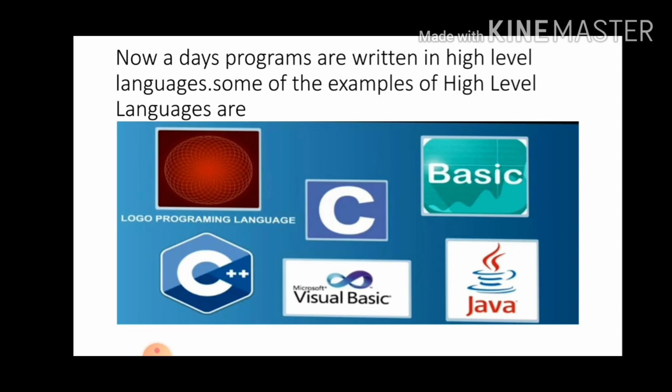If someone asks you what the high level languages are, you have to tell them C++, Java, Visual Basic, Logo and so on. In high level languages we write the coding using these languages. You have to remember that.